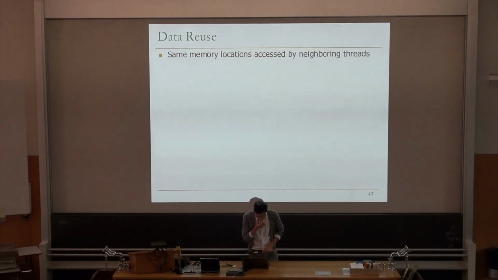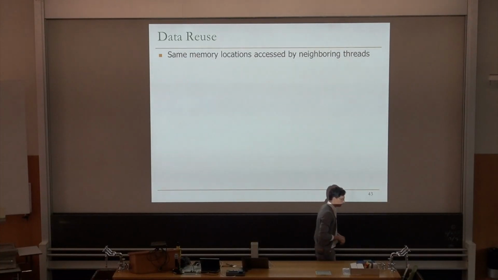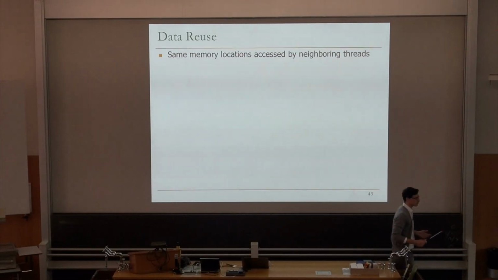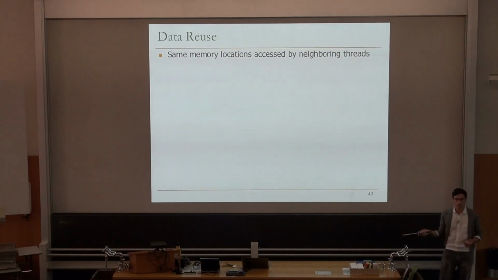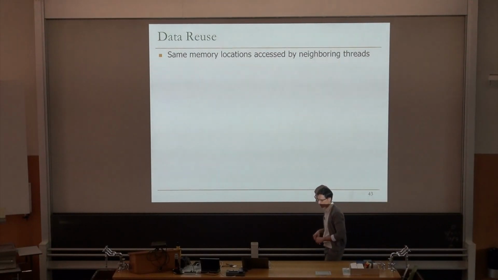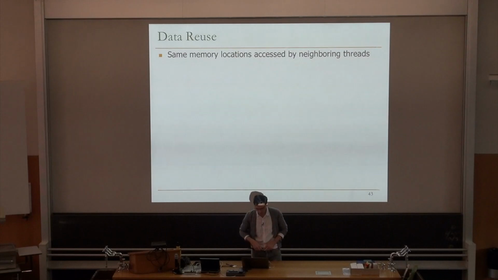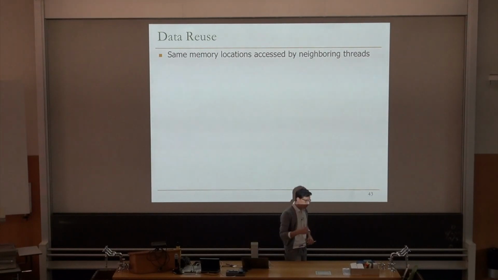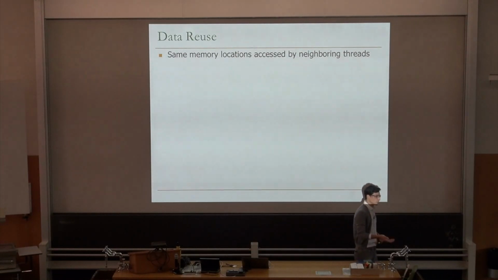Okay, so the next thing to talk about: we already know how to be efficient in the access to the global memory, organizing the computation and the data structures in a way that we can exploit memory coalescing and minimize the total number of memory requests per warp. But now, we are going to discuss how to use the shared memory.